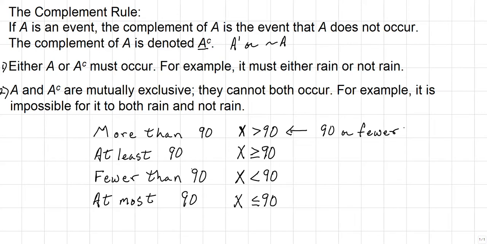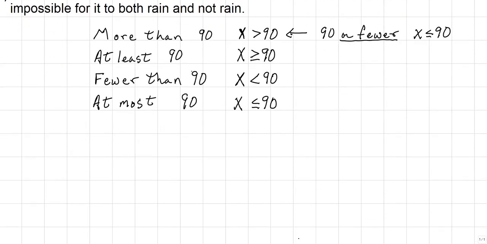Or I could say at most 90, which would mean X is less than or equal to 90. So here's an alternative way of saying at most 90, 90 or fewer. Now, let's go ahead and do some problems so that we can fully understand how to determine complements.